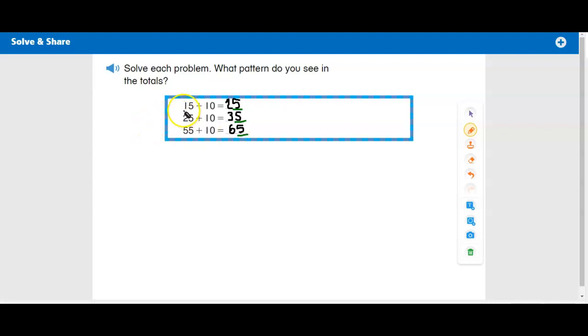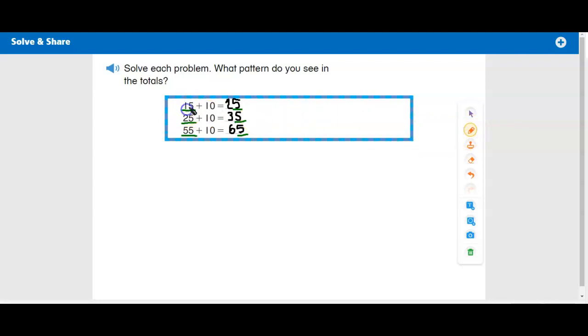Another pattern is that we went from 15 to 25, 25 to 35, and 55 to 65.